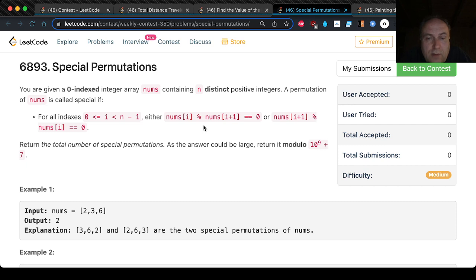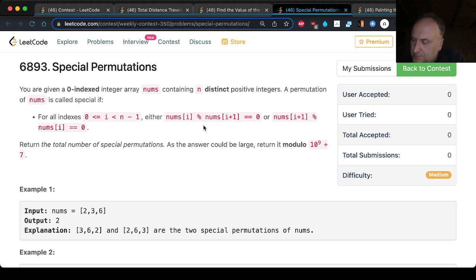If two items are consecutive and one is divisible by the other one, maybe I calculate the GCD, greatest common denominator, maybe, I don't know.